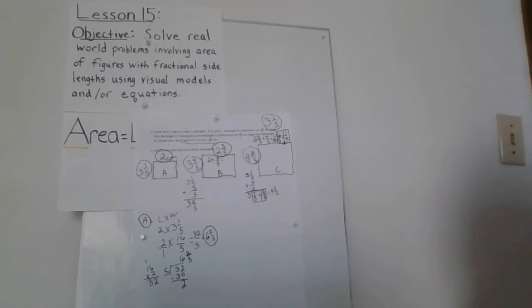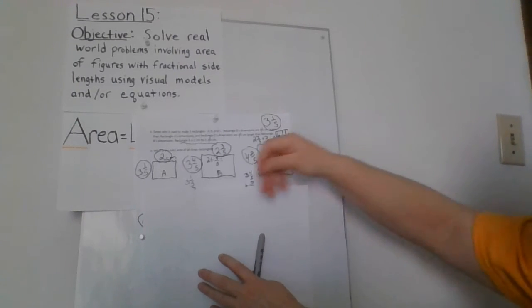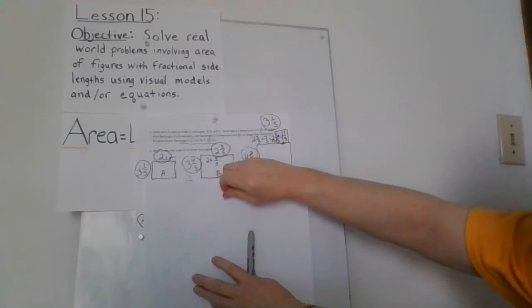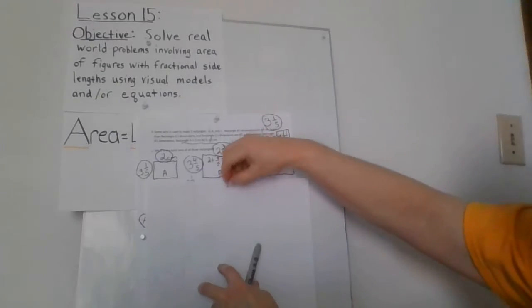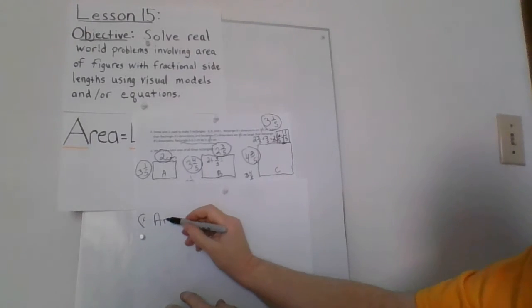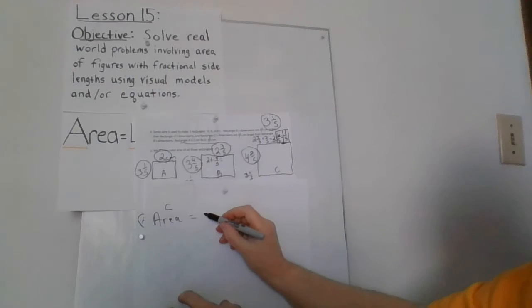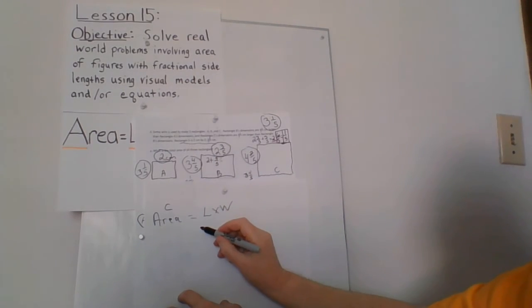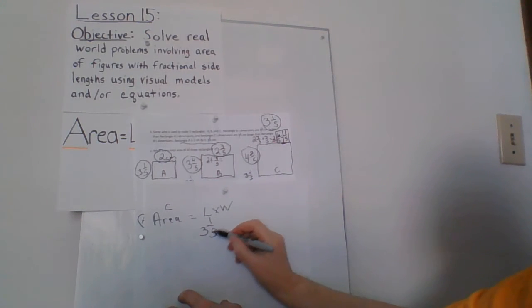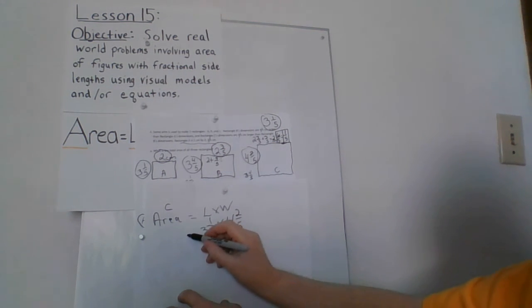Now we're going to go ahead and do letter C in the same way. I'm going to use another sheet of paper so you could see letter C. So letter C, we're going to do the length times the width. For area for letter C, our length was 3 1/5, and our width was 4 2/5.